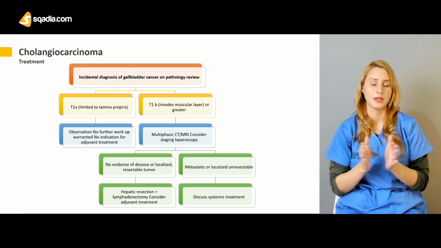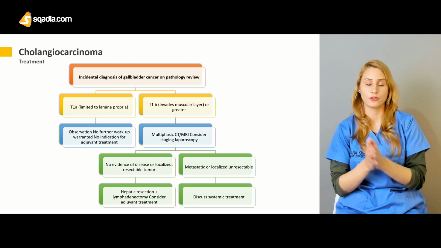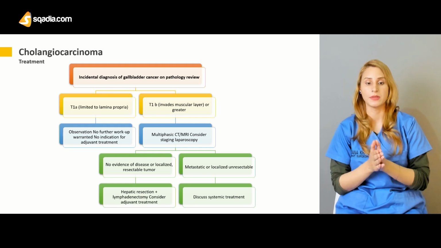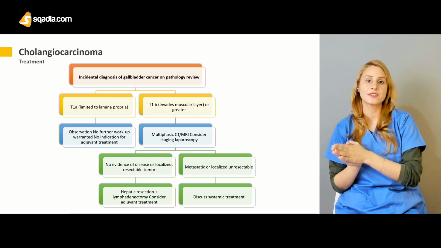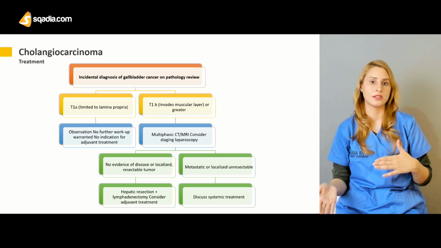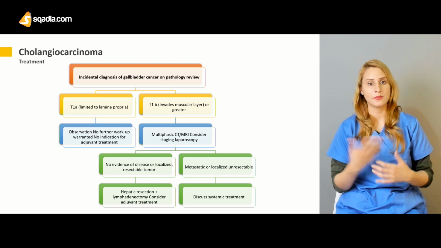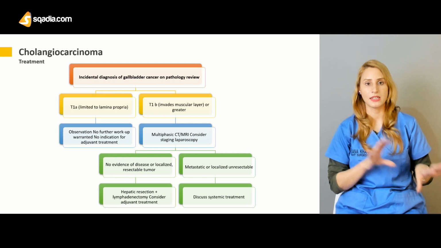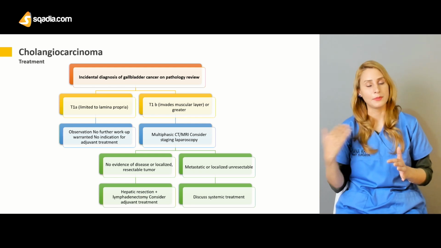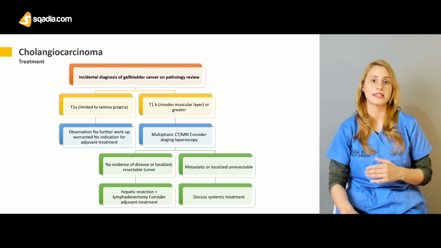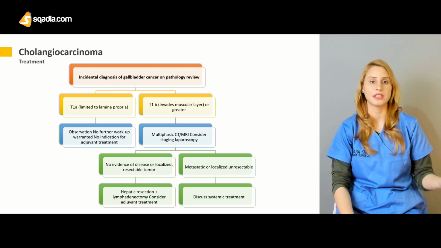And then you have to observe and call for follow-ups, and there is no need for adjuvant treatment. But if it has invaded beyond the lamina propria, then you have to see if the tumor is locally resectable or not. If locally resectable, go for hepatic resection and lymphadenectomy, combined with adjuvant treatment depending upon the nodal status. And if the tumor is not resectable, or it's locally advanced or metastasized, then you have to consider systemic treatment, and you have to put your patient on a proper chemotherapy regimen.